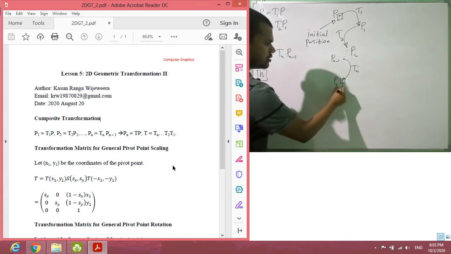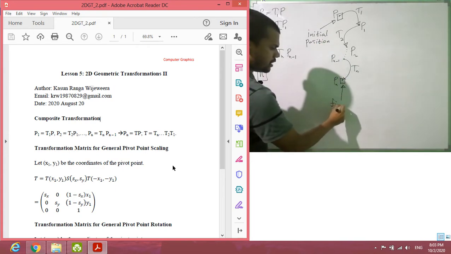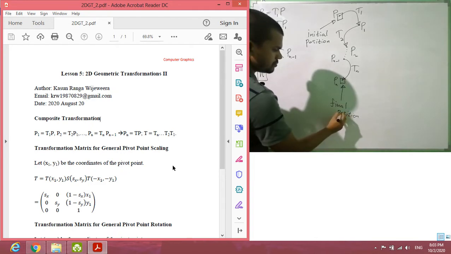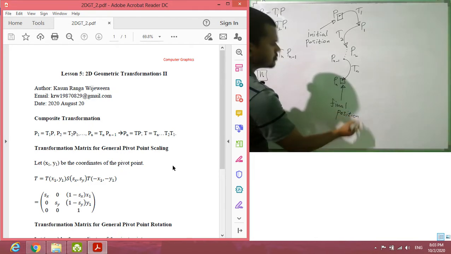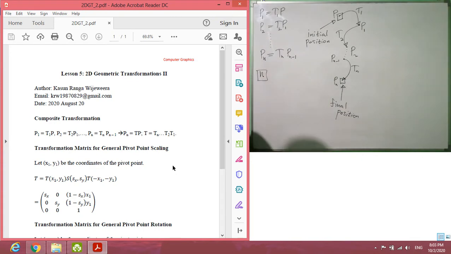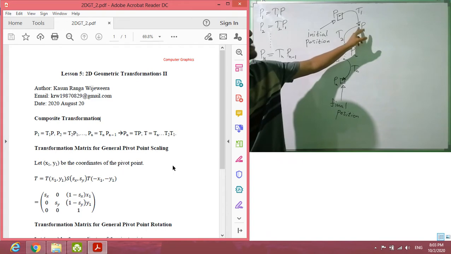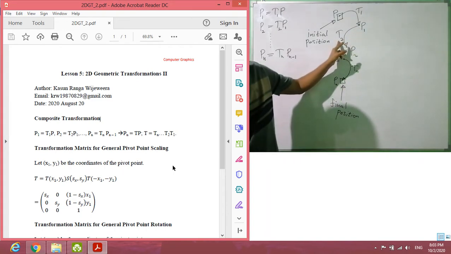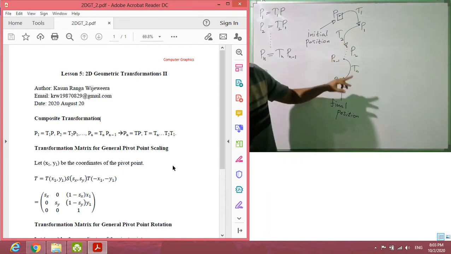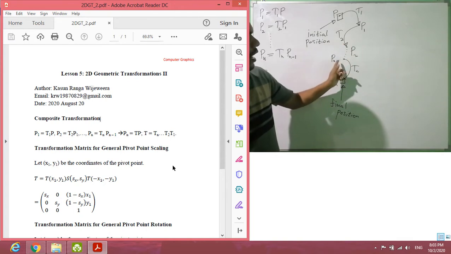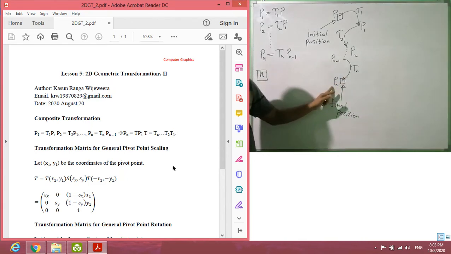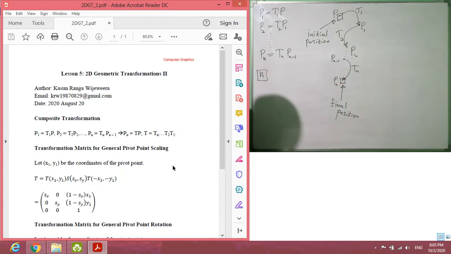This is the final position. So we have to apply T1, then find P1, then apply T2, find P2. Likewise, in the last step we apply Tn to Pn minus 1 and we get the position of Pn.